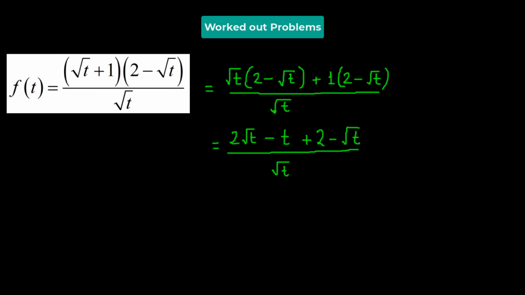So 2 times square root of t minus square root of t will give us square root of t, minus t plus 2, divided by square root of t.